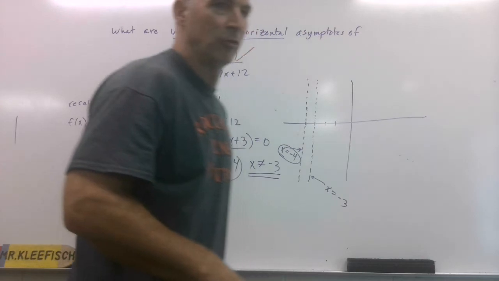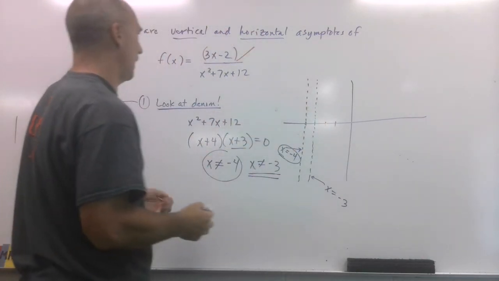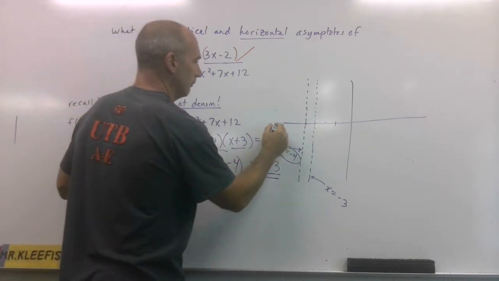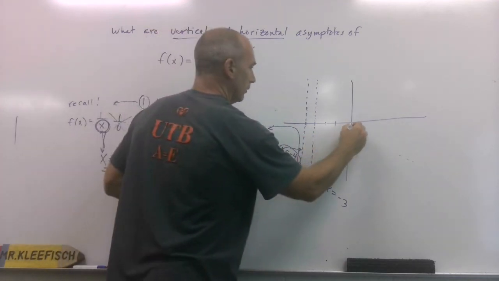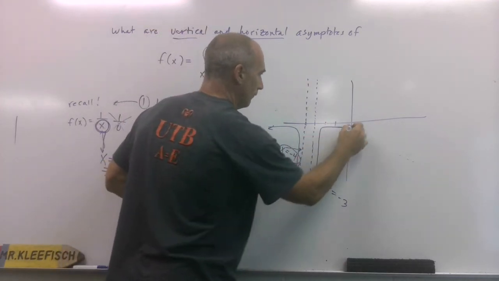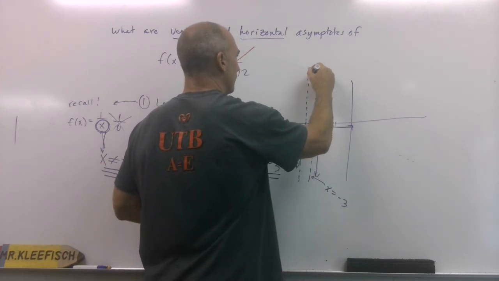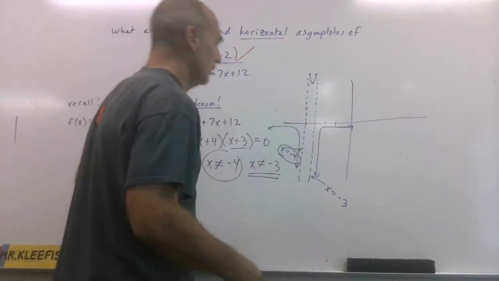Okay, so I erased the red, but you go to Desmos.com and type it in, and what you'll get is 3 different pieces. You'll get that, you'll get that, and then a really weird thing way up here. I don't remember the actual coordinate of that little spot, but it's way up there.